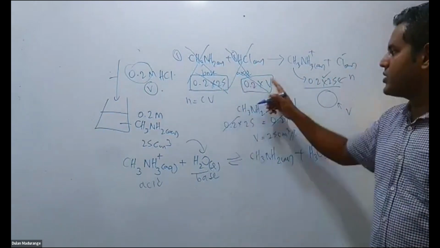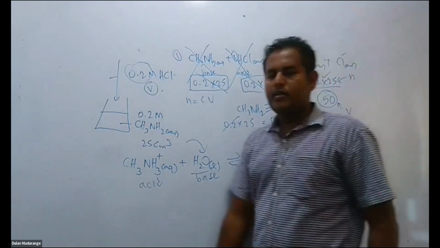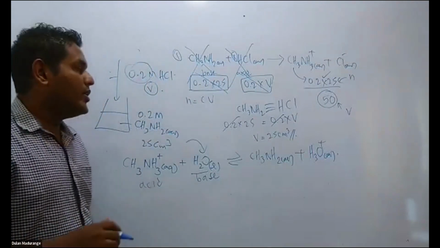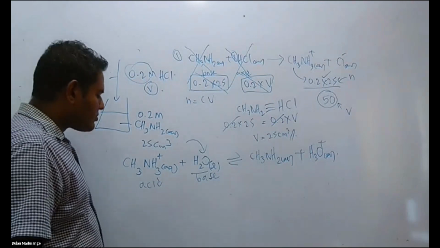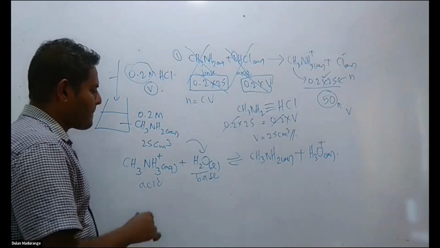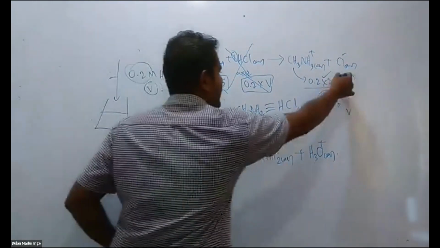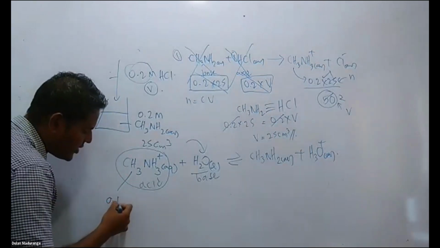If 25 is mixed with 25, then the total volume is 50. Right? That's really important. So 0.2 into 25 over 50. Great. So we can have the concentration from there. That concentration is 0.1. So the initial concentration is 0.1.